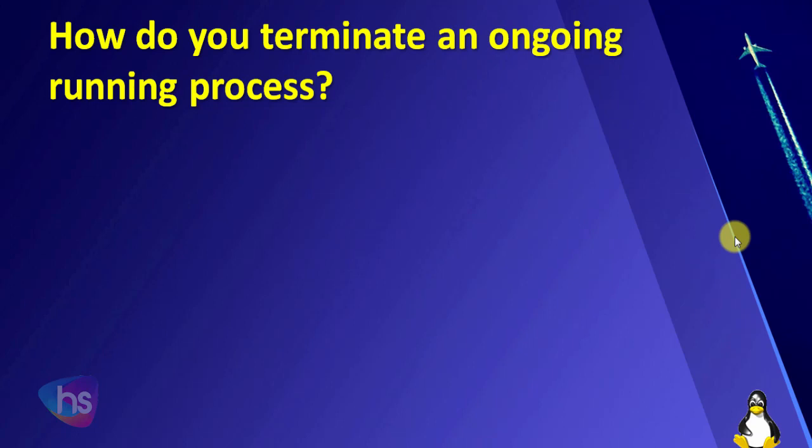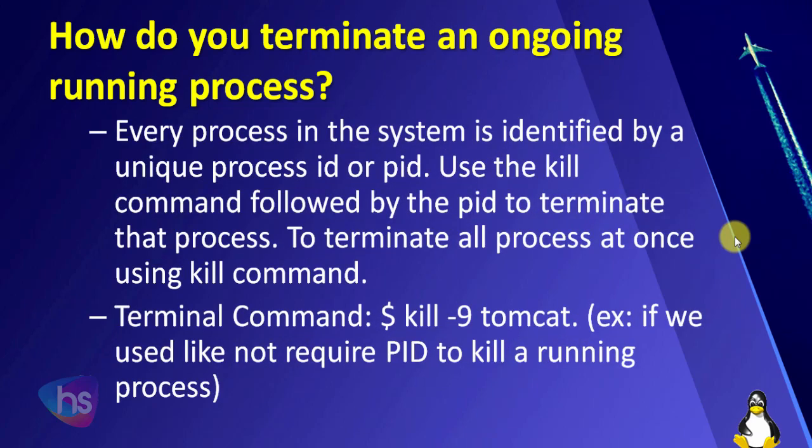Now we will see how to terminate an ongoing running process. Every process in the system is identified by a unique process ID, or PID. Use the kill command followed by the PID to terminate that process. You can also terminate all processes at once using the kill command. In the example, the dollar symbol indicates the terminal prompt, kill -9 tomcat.